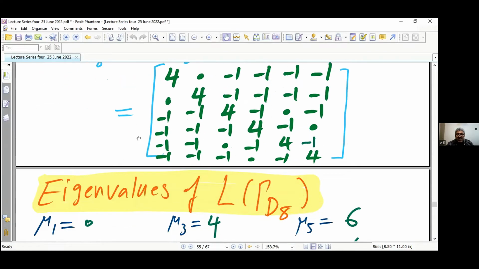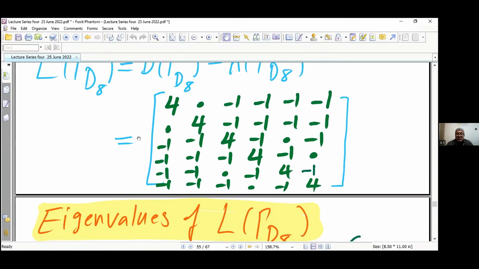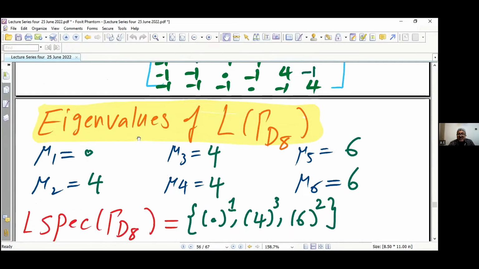Now, how about the eigenvalues? For the Laplacian matrix, we have a 6 by 6 matrix, so we have 6 eigenvalues. The eigenvalues of the Laplacian matrix of the non-commuting graph of D8: mu1 is 0, mu2, mu3, and mu4 are 4, and mu5 and mu6 are both 6.